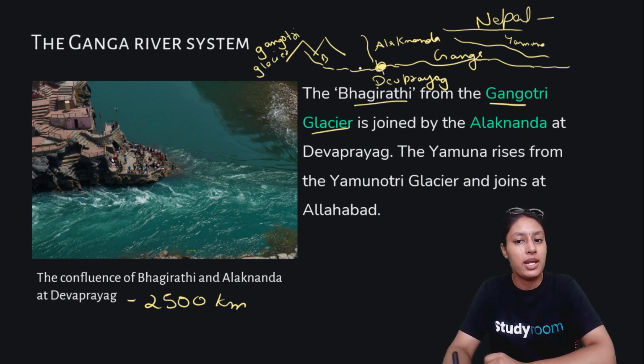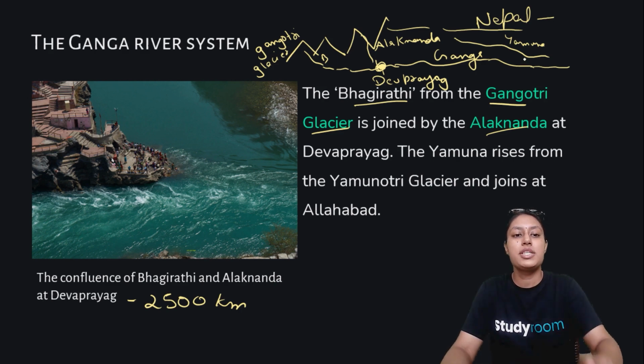Bhagirathi is then joined by a tributary called Alaknanda, which is also coming from Gangotri Glacier. When Bhagirathi and Alaknanda join together in an area called Dev Prayag, the Ganga river is formed.